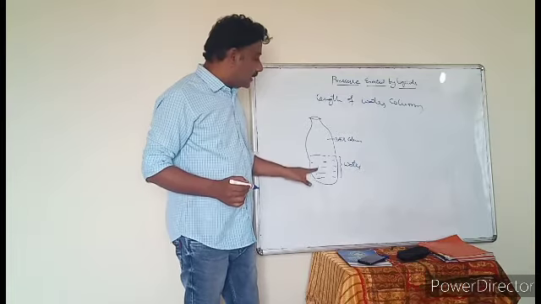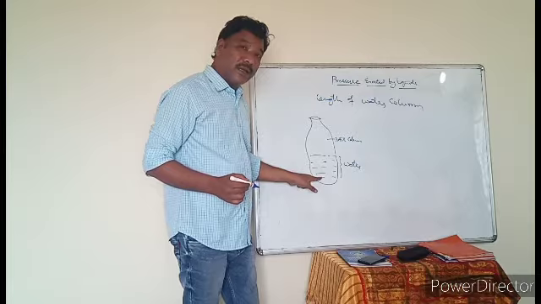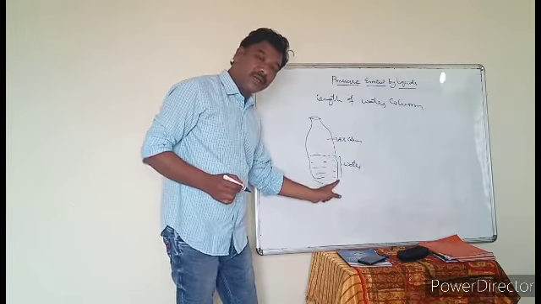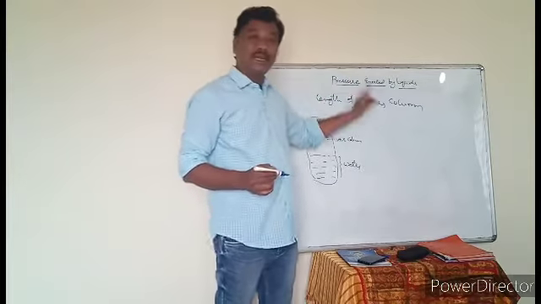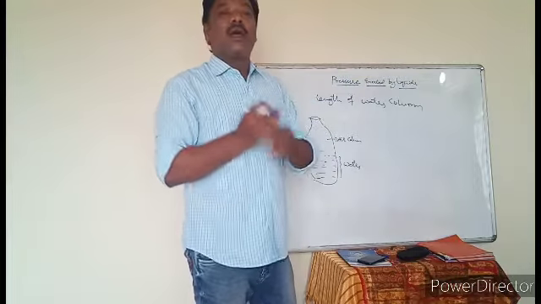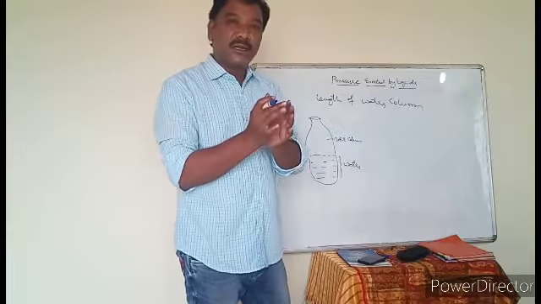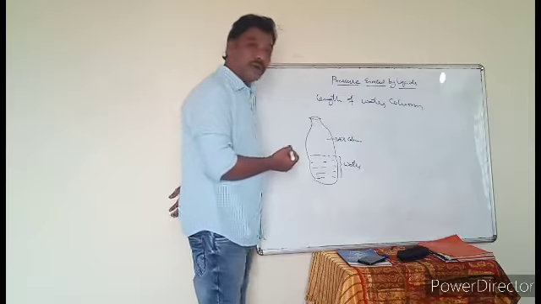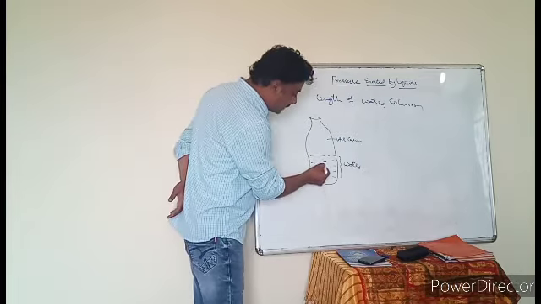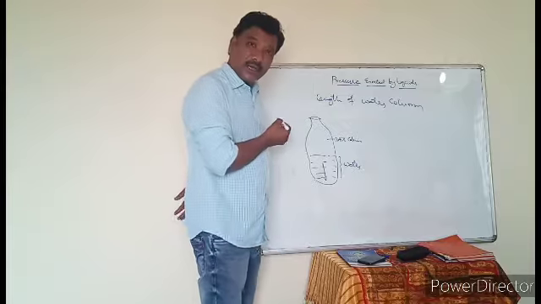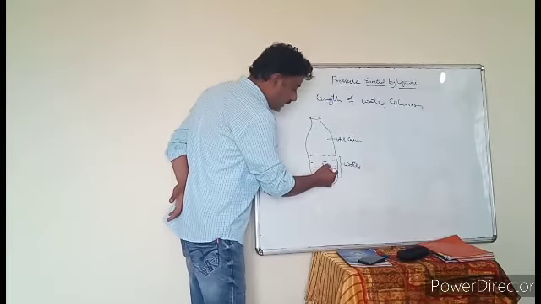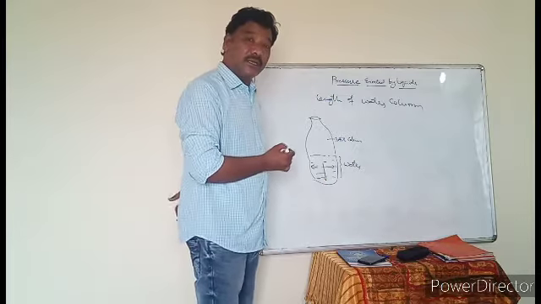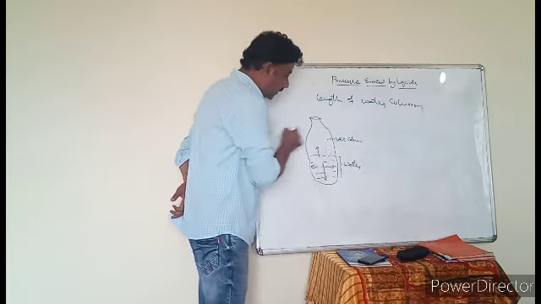Now come to the point. The pressure exerted by liquids depends on the water column, the depth of the water. And how do liquids exert pressure? Liquids can exert pressure in all directions. For example, if we pour water in this water bottle, this water can exert pressure in the downward direction, and also in the sideward direction, and also in the upward direction.